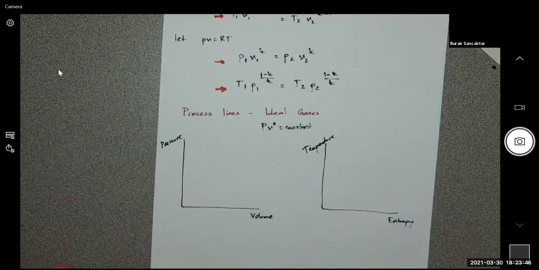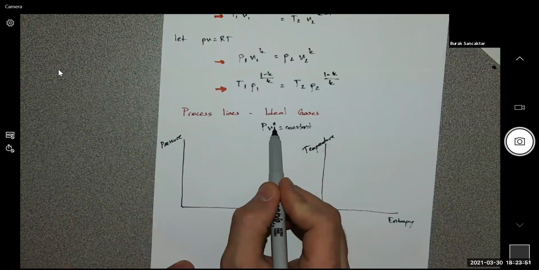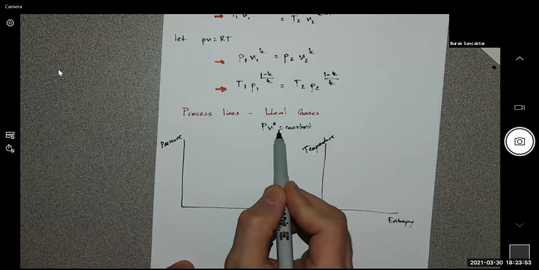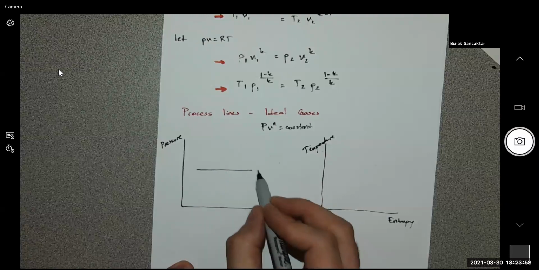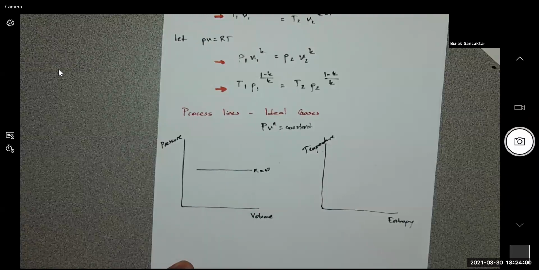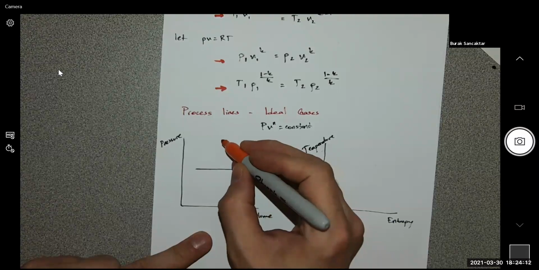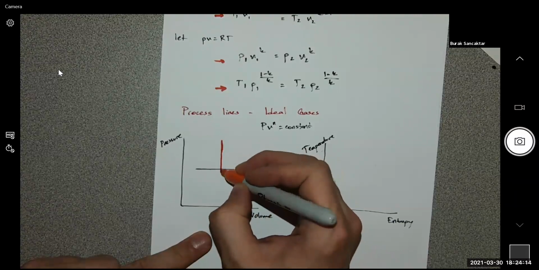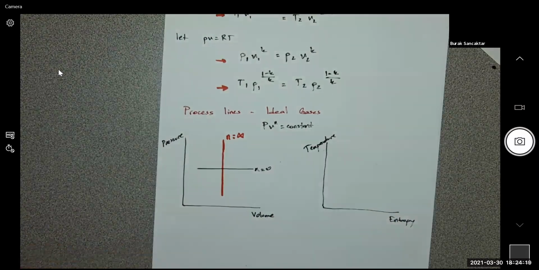For example, if n equals 0, P equals constant, which makes the process line isobaric. If n equals infinity, the process is isometric.